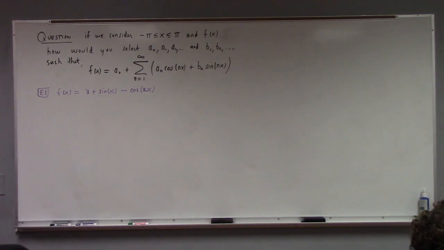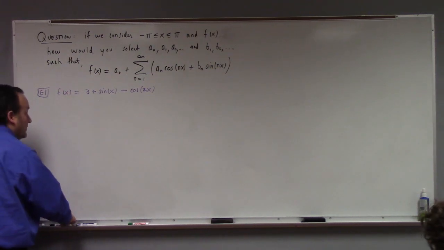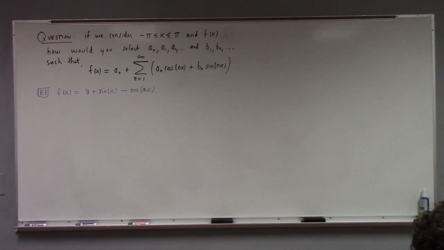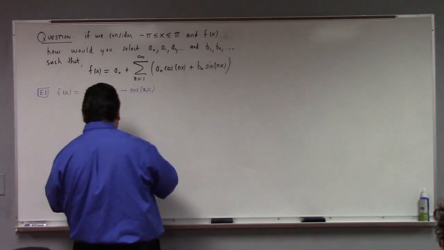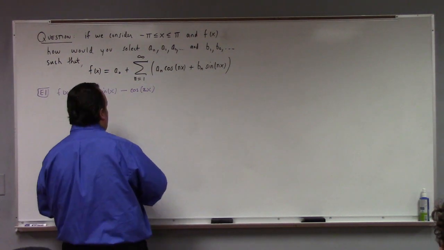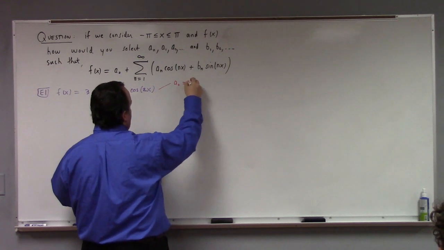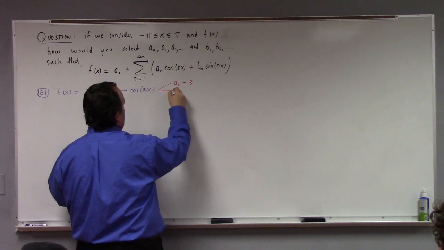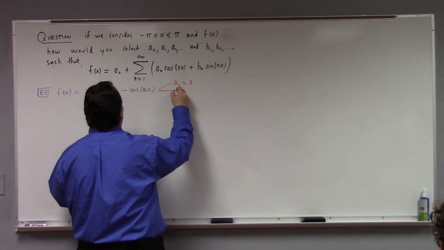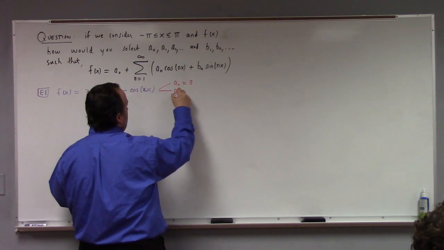You tell me, what would I choose for a and for b? a sub 0 is what? 3. a sub 2 equal to what?